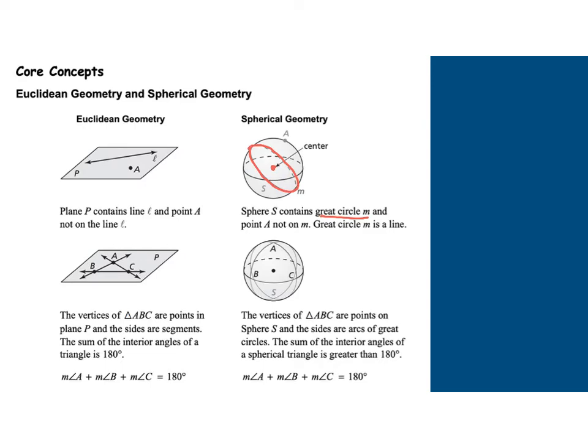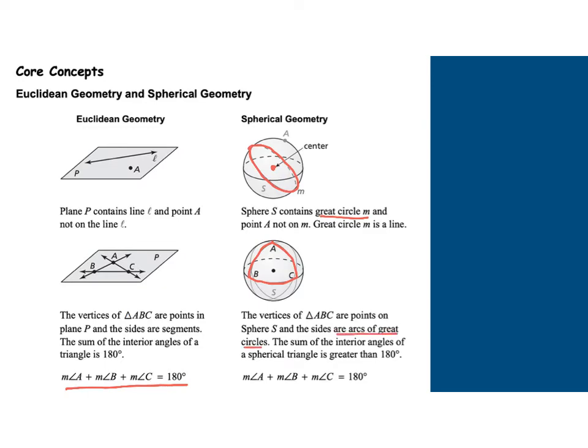On the bottom left, the vertices of triangle ABC are points in plane P, and the sides are segments. The sum of the interior angles of a triangle is 180 degrees, so we can use a measure of A plus B plus C equals 180. On a sphere, the vertices of triangle ABC are points on sphere S, and the sides are arcs of great circles.